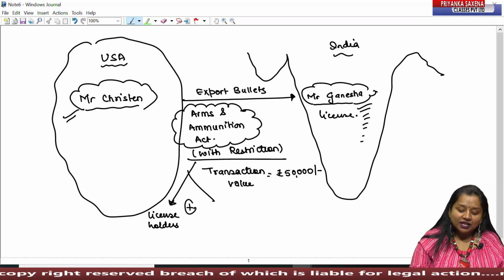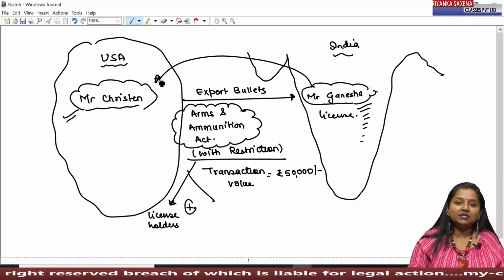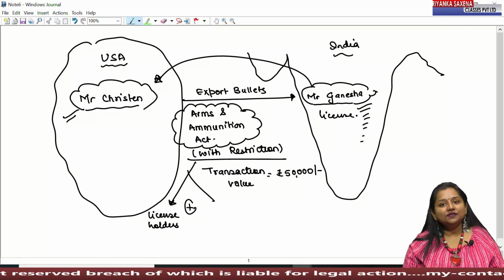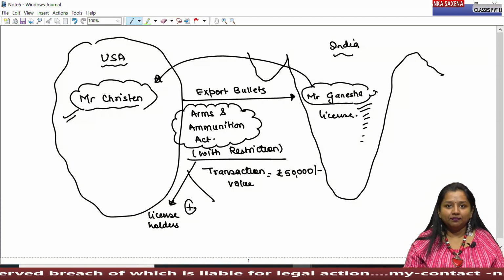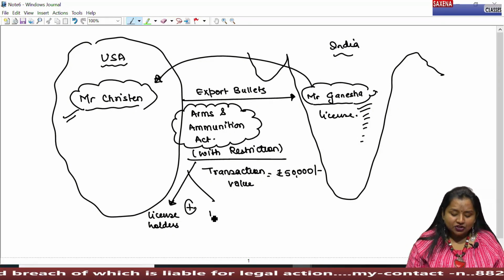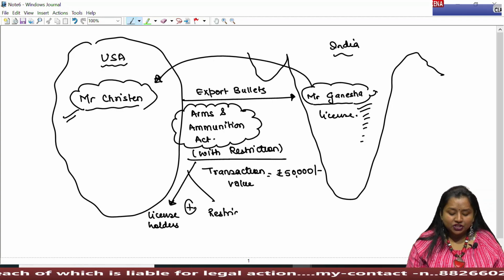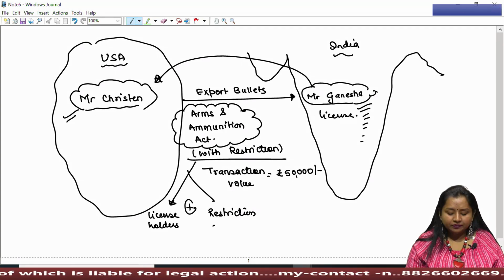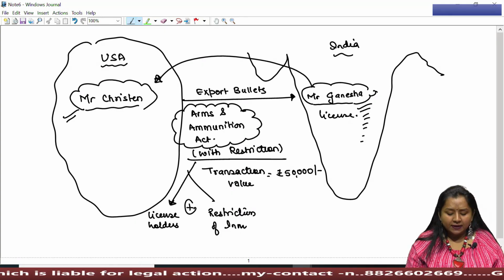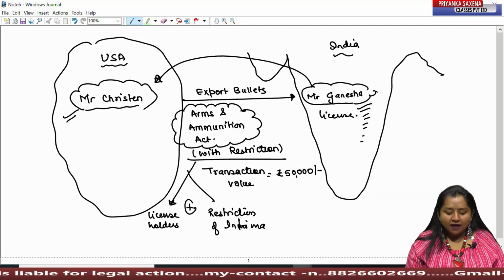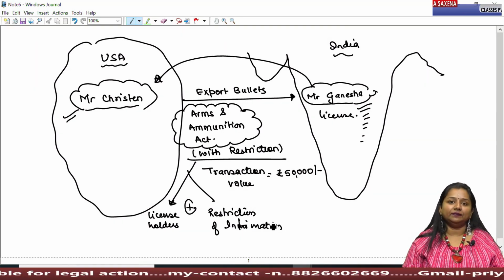And Mr. Ganesha shall always inform Mr. Christine of the usage of the bullets he purchased from him. This intimation, this restriction of intimation, is only to have control in the society.